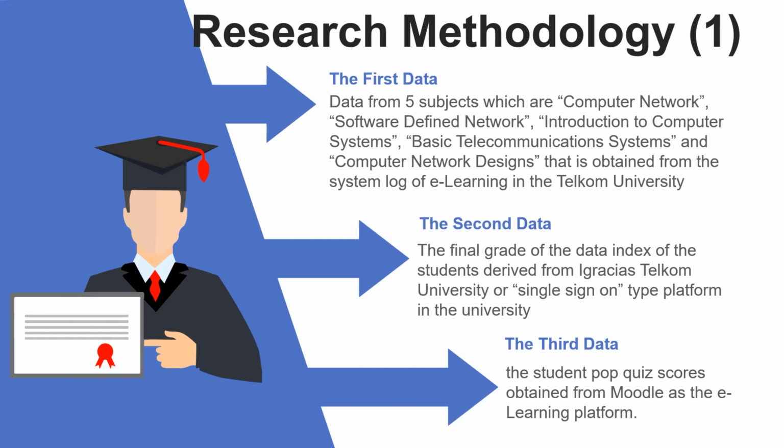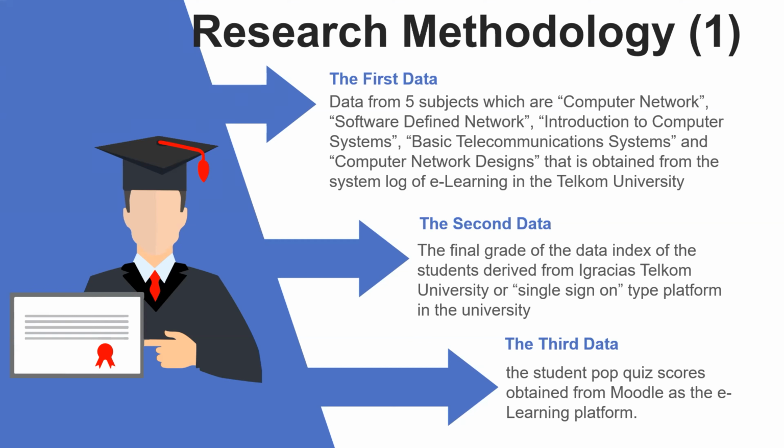Then the second stage is to separate the data obtained from the previous process based on the 5 activities mentioned, while the third step is to calculate the data generated previously to produce the amount of access from each activity.